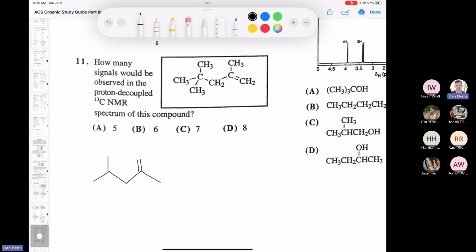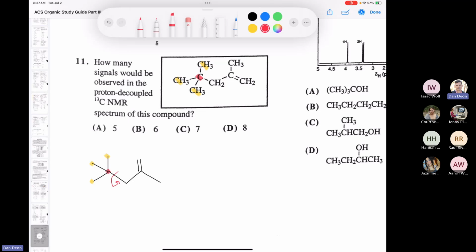So there's a methyl here, and there's a methyl here. Keep in mind that we have free rotation around this bond. So if I think about unique types of carbons, all 3 of these methyls are going to be identical, aren't they? Because we have free rotation. Then we have the quaternary carbon, which is definitely unique.